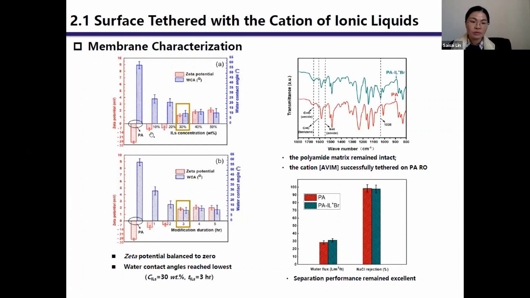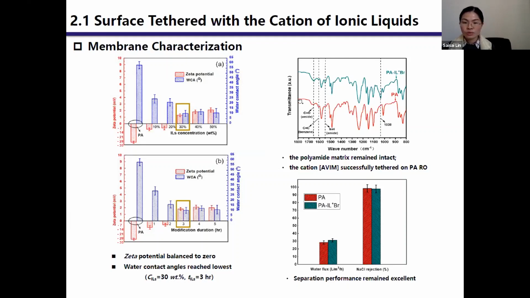You can see when under the optimal condition, the zeta potential was balanced to 0 at the optimized concentration and grafting time, and also the water contact angle came to the lowest value, which we think means the whole surface of the ionic liquid grafted surface came to electron neutrality.